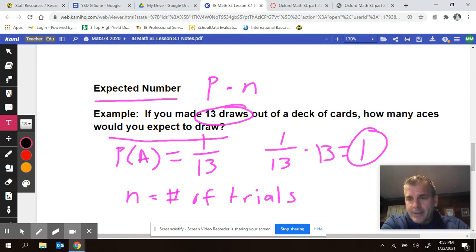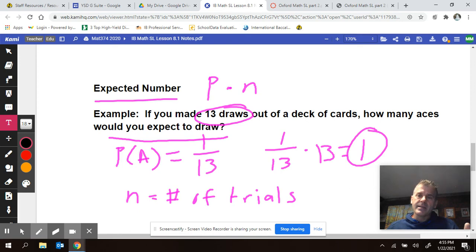And by the way, that doesn't mean you're going to get an ace, and it doesn't mean you're only going to get 1 ace. We're talking about expected probability. The theoretical probability in this case is what's the probability of getting an ace if you made a draw? Well, it's 4 out of 52, which is 1/13th. So that's the theoretical pure probability.